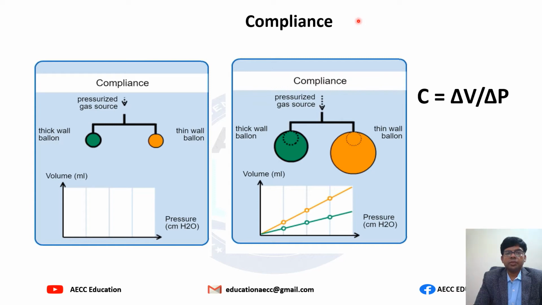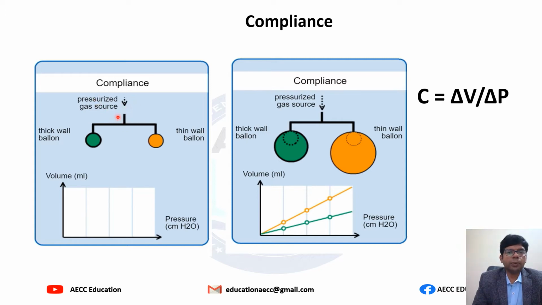A simple physical model can help our understanding. Here, two balloons made of the same elastic material. The wall of one balloon is slightly thicker than that of the other. Using a T-piece equipped with a valve, we connect the two balloons to a source of high pressure gas.